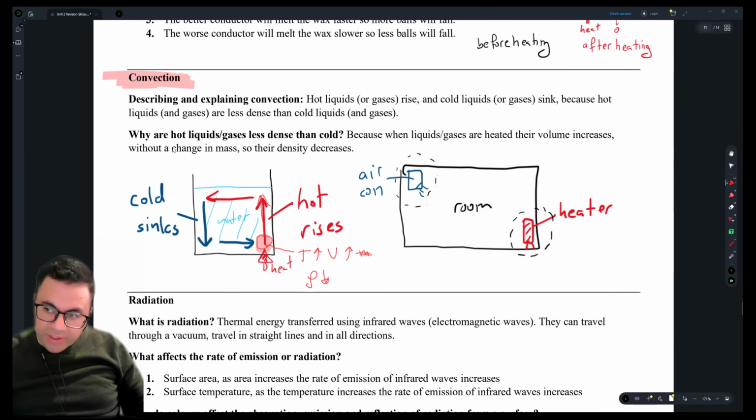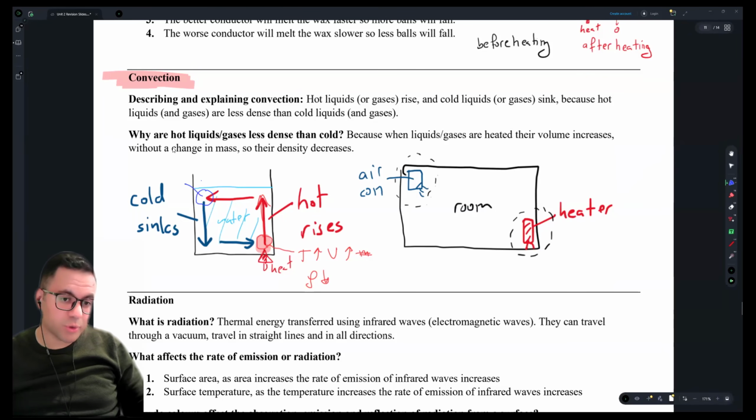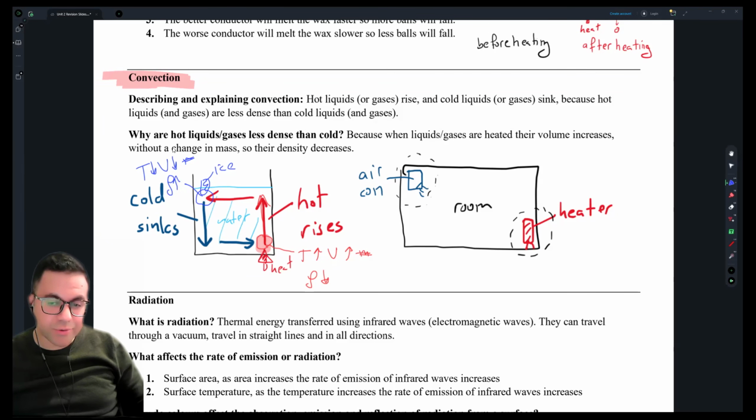The cold liquid, on the other hand, because it's colder, like if you put a piece of ice in here and it cools down the liquid, the temperature is lower, it has a smaller volume, same mass, so it's more dense and it sinks. Same thing with the air in the room. If you have an air conditioner, it cools the air, which causes the cold air to sink because it's more dense.